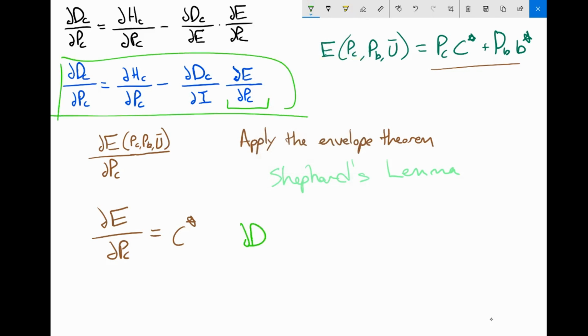So now the total effect of a price change on uncompensated demand is equal to the effect of a price change on compensated demand minus the effect of a change in income on demand multiplied by that demand, which maybe we'll just get rid of the star for now, multiplied by the demand.